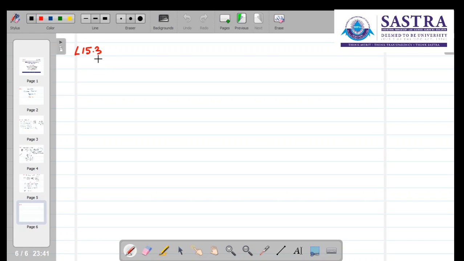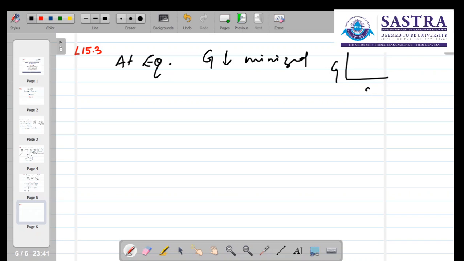Now, at equilibrium, what happens at equilibrium? When an equilibrium is attained, you know that G is minimized. So the Gibbs energy is minimized. That means in a plot of G versus extent of reaction, that is the point of minimum Gibbs energy for the system. This point of minimum Gibbs energy of the system remains invariant with respect to temperature and pressure.